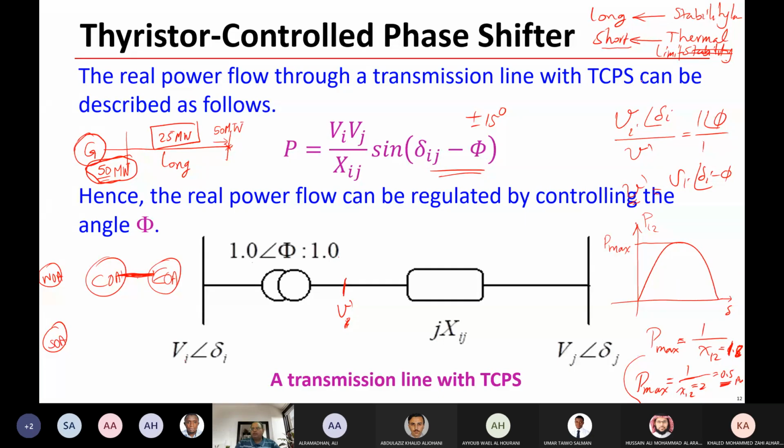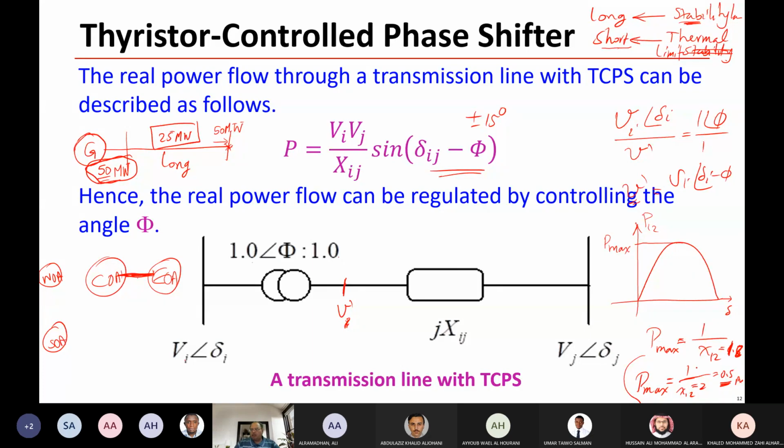For a long transmission line, the stability limit comes before the thermal limit. And for a short transmission line, the thermal limit comes before the stability limit.